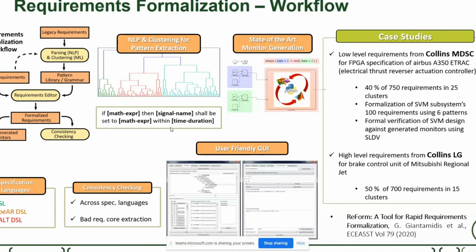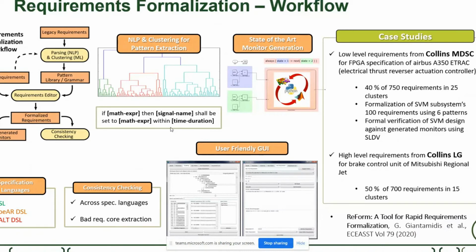Now, this variety was done mainly for two reasons: ease of use and tool interoperability. All these languages are based on LTL, linear temporal logic, which is, I would say, one of the most widespread formalisms for property specification.